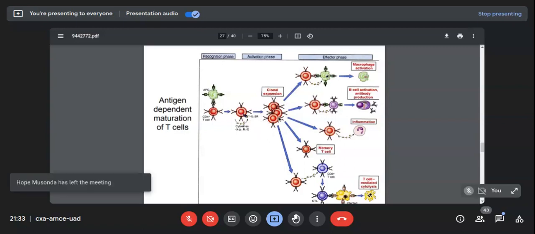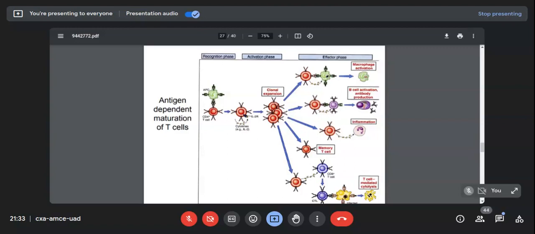And when it makes more copies of itself, those copies can differentiate to become CD4 or CD8, depending on the cytokines that will be produced. When they become CD8, you know that CD8 T cells are also called cytotoxic T cells. These are cells which are able to kill pathogens, or they can secrete more cytokines that will go and activate the B cells. So something you should take note of as well, right?